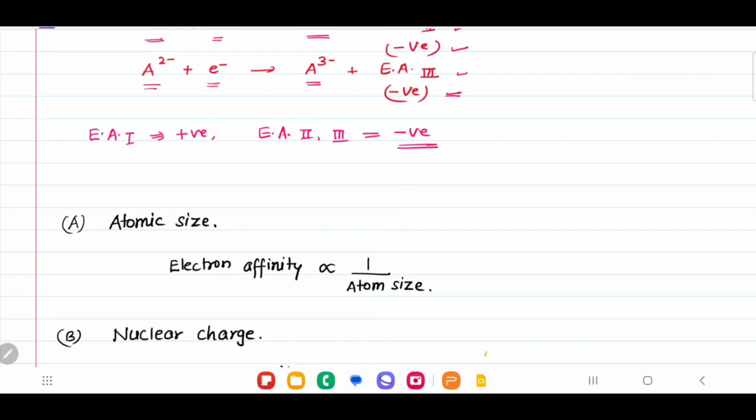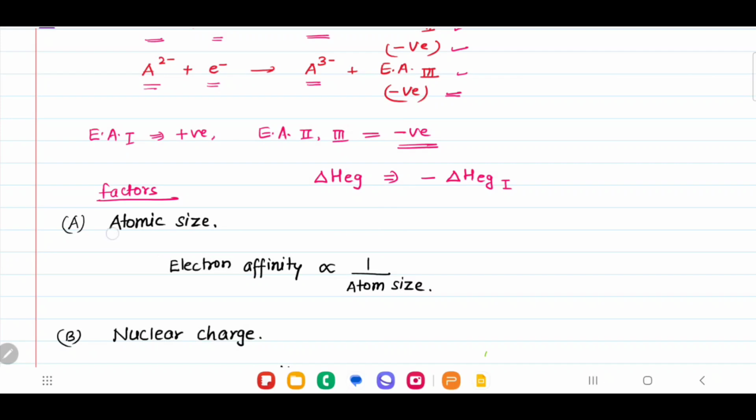One more important point: electron gain enthalpy, or delta Heg, is generally written with opposite sign to electron affinity, so we can write minus delta Heg first for the first electron affinity. So let's see some factors which affect the electron affinity.